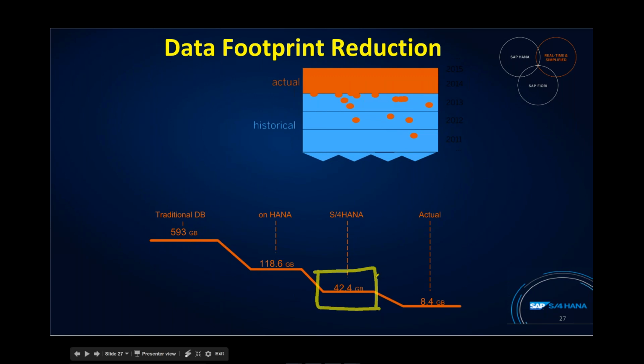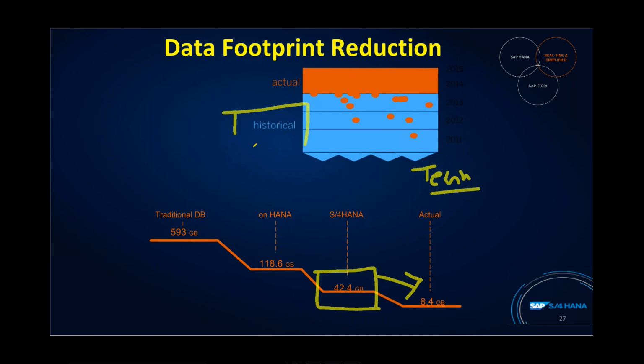Now, if you want to reduce it further, the further reduction has been done by implementing the technology which is called historical data and the actual data. So basically, HANA has a capability, we'll discuss this capability in detail in an upcoming session, that it can store the data in different layers.